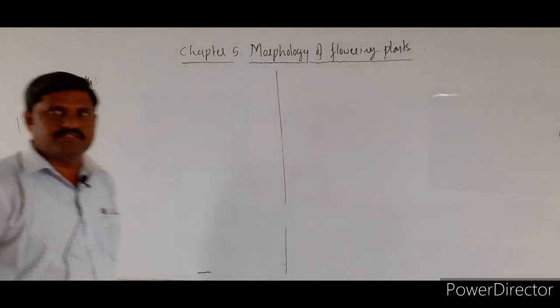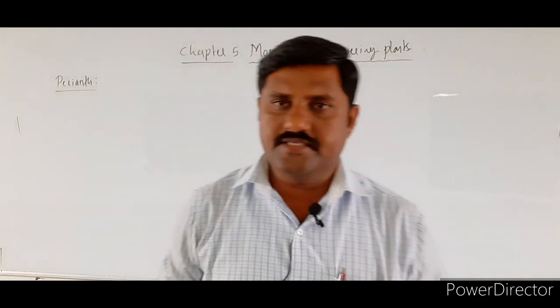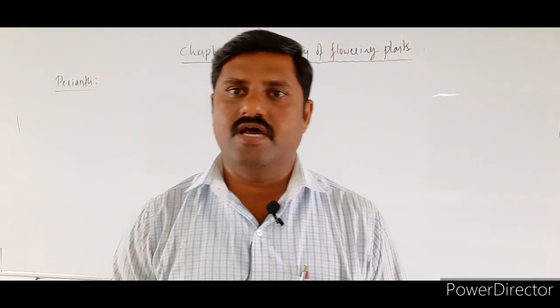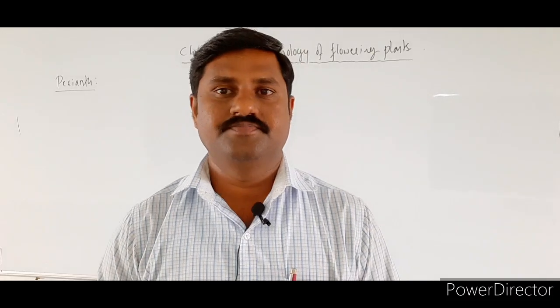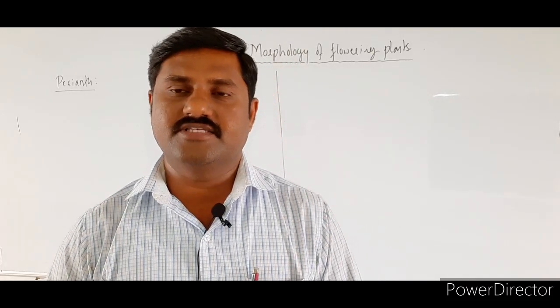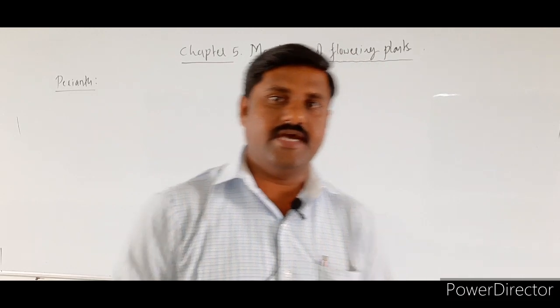So already I have mentioned what is perianth. It is the condition in which calyx and corolla are not at all distinguishable one. So then the condition is known as what? Perianth condition, right?